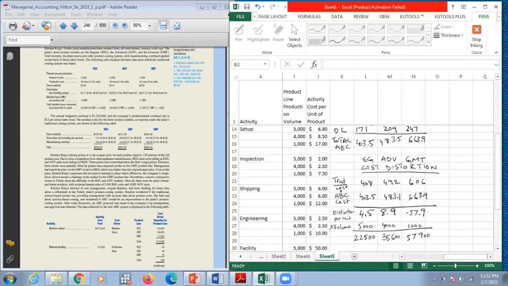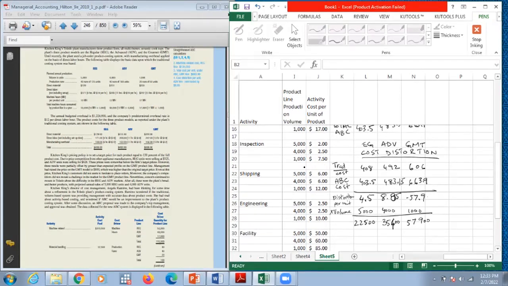This number should be coming up to 0, so that means there's a small error in this calculation. The distortion here is not 8.9, it's 8.85. Sorry, there's this minor cost distortion over here, 0.15. That makes this 8.85, which makes this multiplied by 4,000, 35,400.